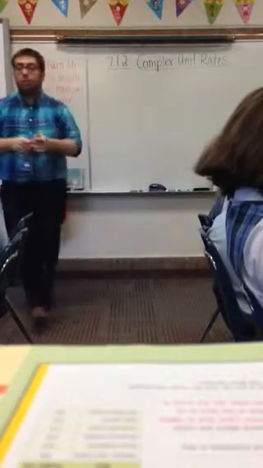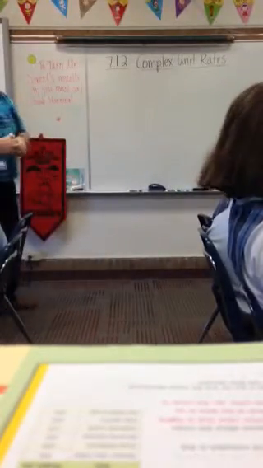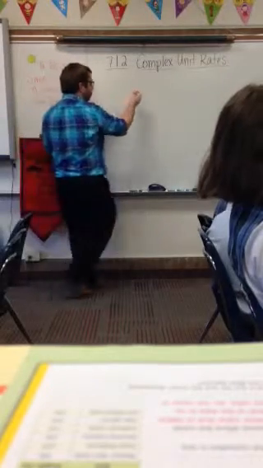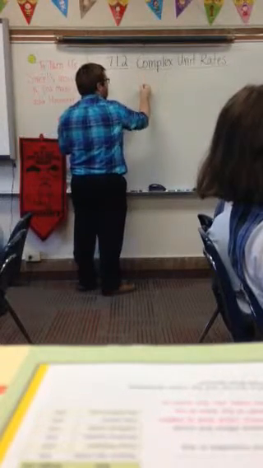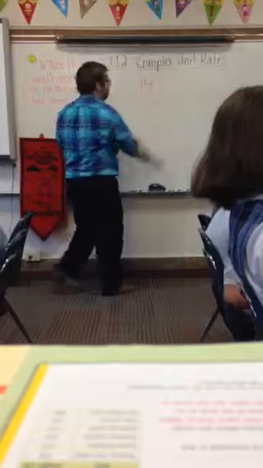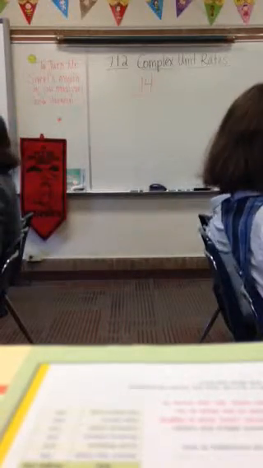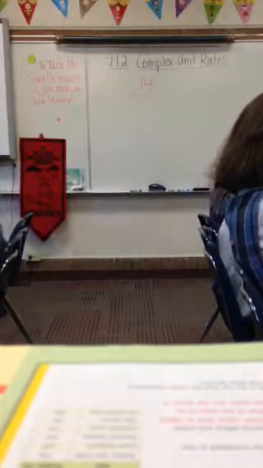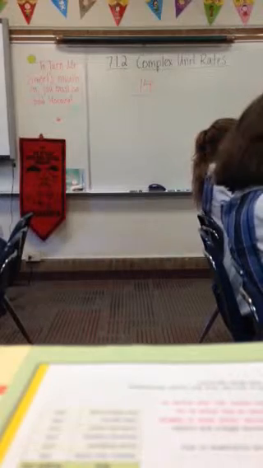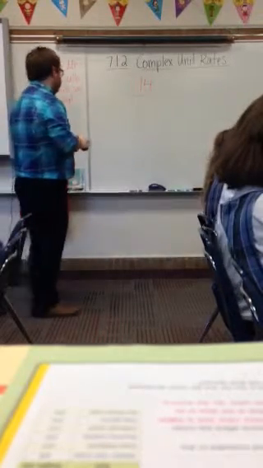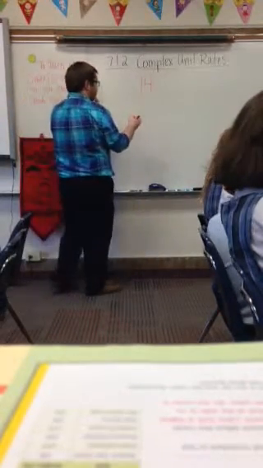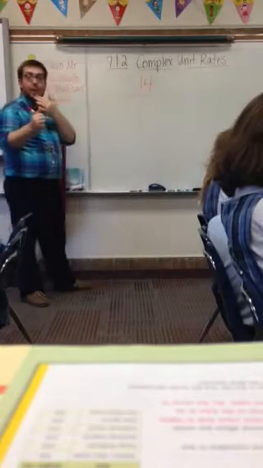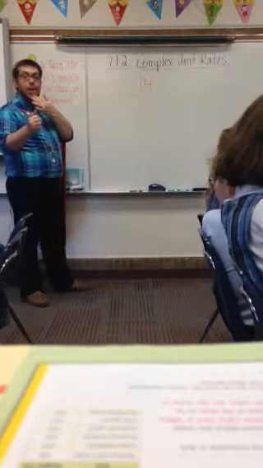Give me a number between 1 and 20. Charlie. 14. Put this on your student side. Griffin, give me a fraction we can work with easily. Not 1/2 though. 1/4.